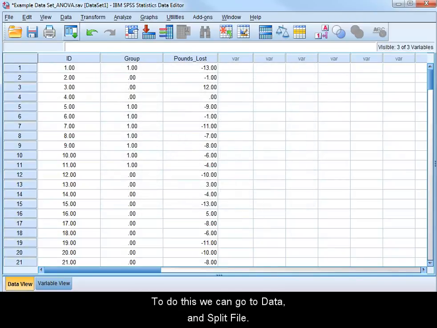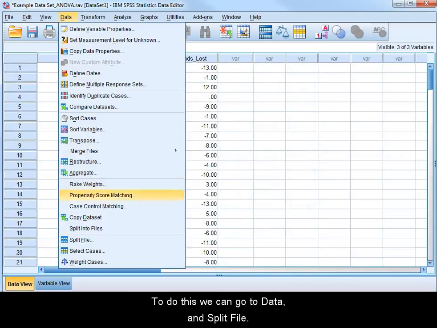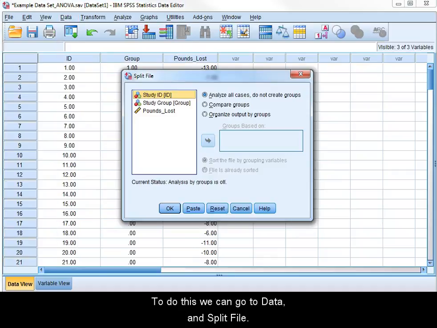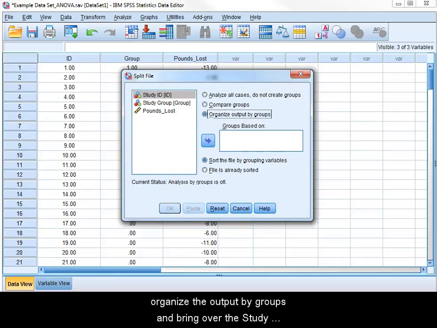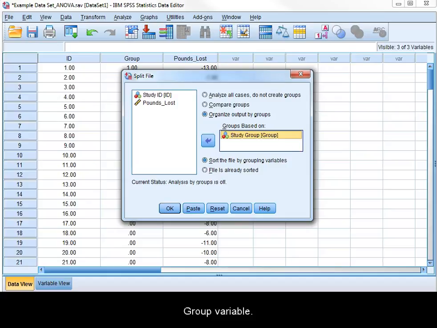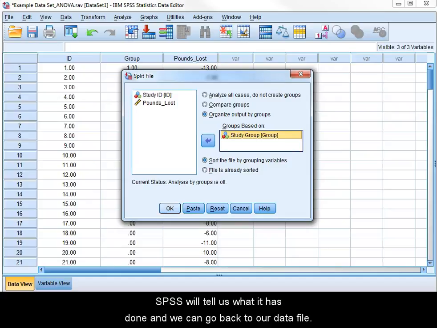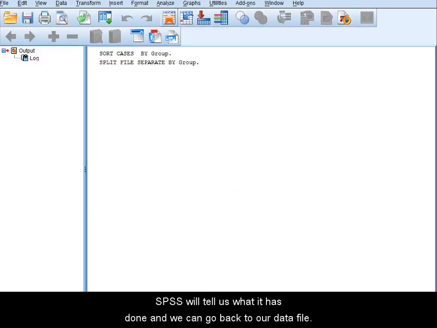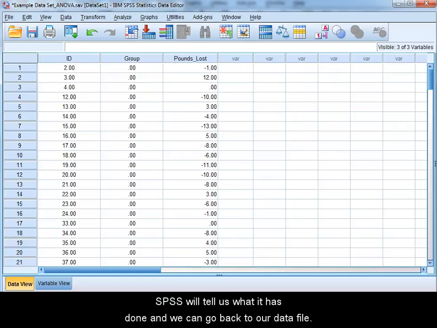To do this, we can go to Data and Split File. And what we can do is tell SPSS that we want to organize the output by groups and bring over the study group variable. SPSS will tell us what it's done, and we can go back to our data file.